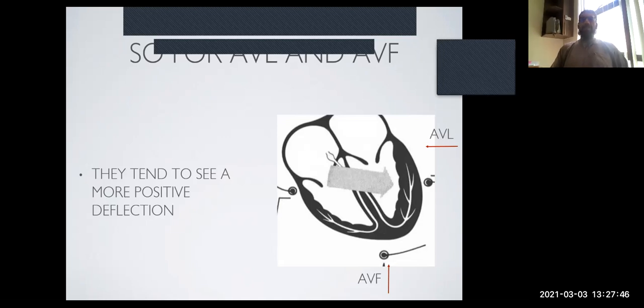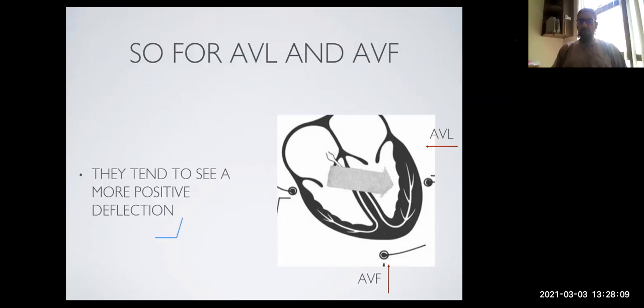If you can imagine that I'm AVF, what I see is electricity starting. We'll follow it from there. AVF is seeing electricity starting, coming towards it. It's only looking forward. And then it sees electricity moving towards it, and then it sees electricity moving away from it for a little while. While electricity is moving towards it, it sees a positive deflection because it can see it coming towards it.